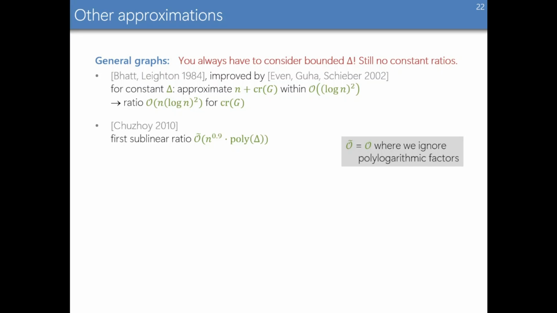So this is just barely below linear, and what we see for all of these algorithms, even the one by Bhatt and Leighton, is they have an inherent dependency on the maximum degree delta. So whenever delta is unbounded, and the maximum degree could be in the order of n, then it always boils down to being at least an n approximation, or even worse in that case.